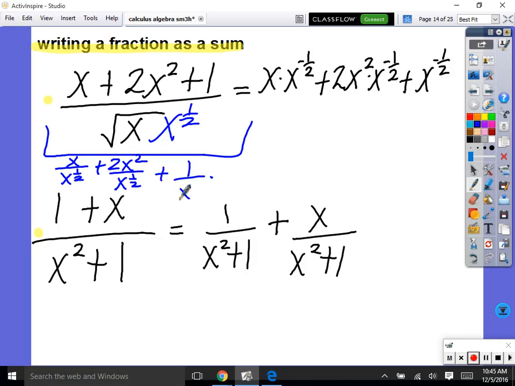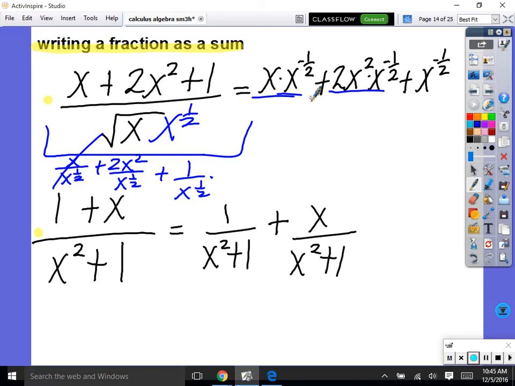Plus 1 over x to the 1/2. And then instead of having it as division, multiplication is usually easier in calculus. So you pull up x to the negative 1/2. Everybody good with that? And so we have x times x to the negative 1/2, and then we have 2x squared times x to the negative 1/2, and then we have 1 times x to the negative 1/2.